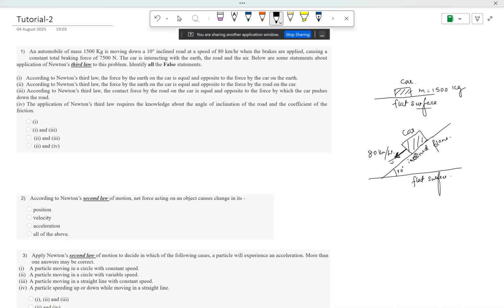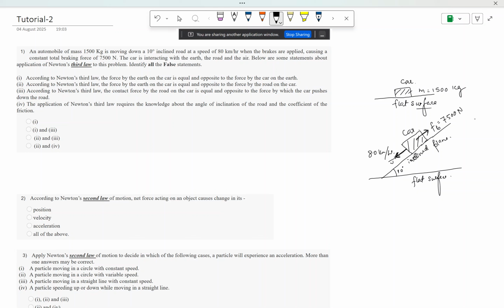The braking force will drag the car so that it does not move farther down the plane. So the force has to be in the opposite direction, right? We call this braking force F subscript B. This is the braking force that you apply to stop the car.